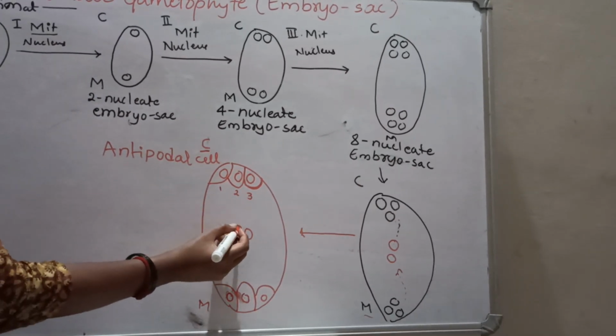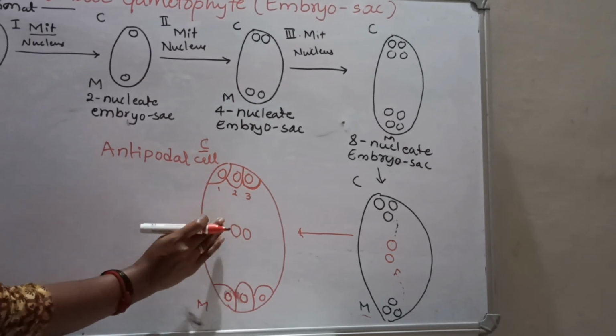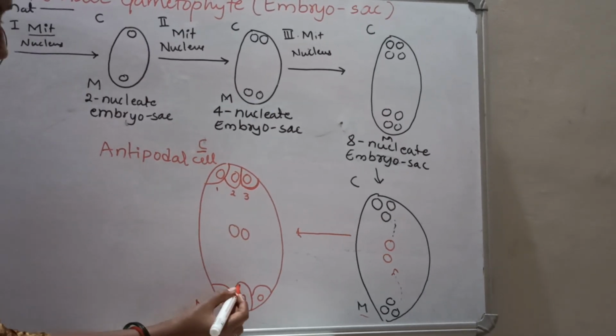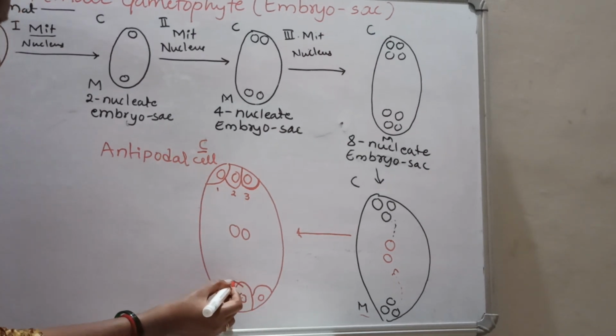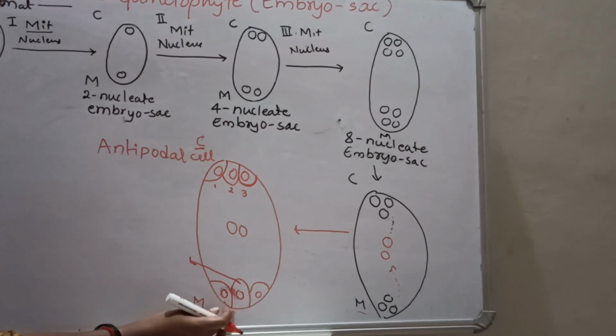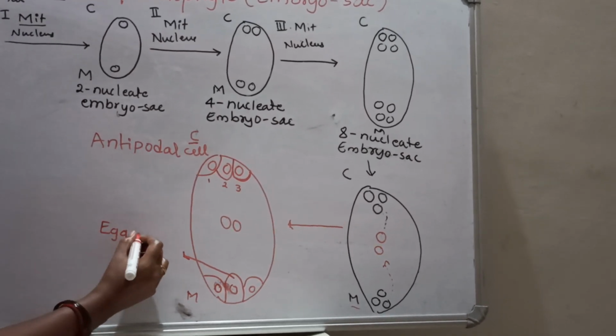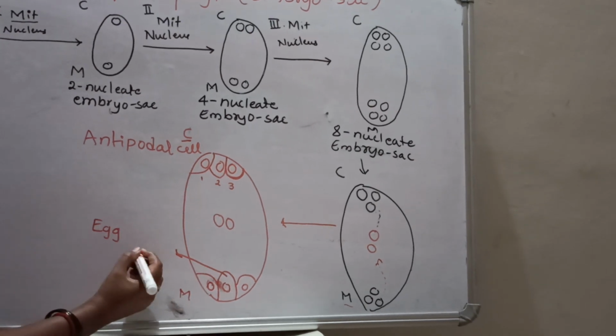And next, here the 2 nuclei are present at the center of this cell. The one nucleus present at the micropylar end or micropylar region is called the egg cell.